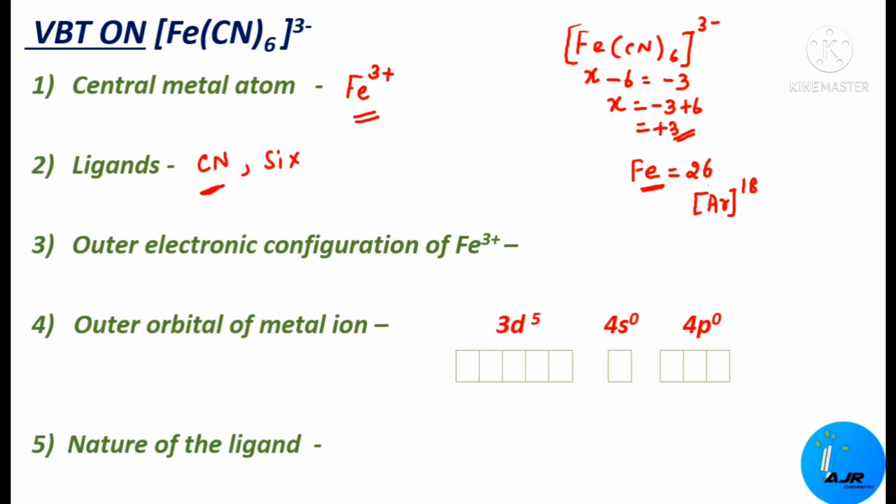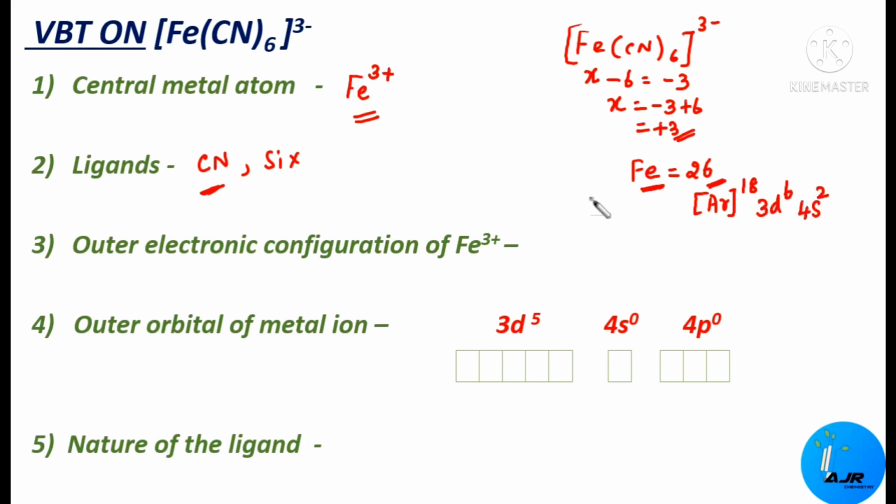So for the rest, we have argon 18 then 3d6 and 4s2. This is the electronic configuration of iron. But we want the outer electronic configuration of Fe3+. We get Fe3+ when 3 electrons are removed: 2 electrons from 4s and 1 electron from the d orbital.